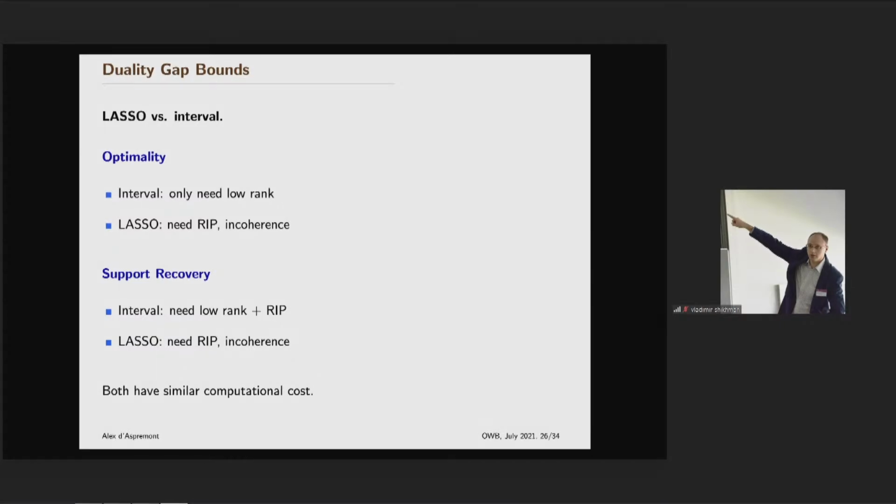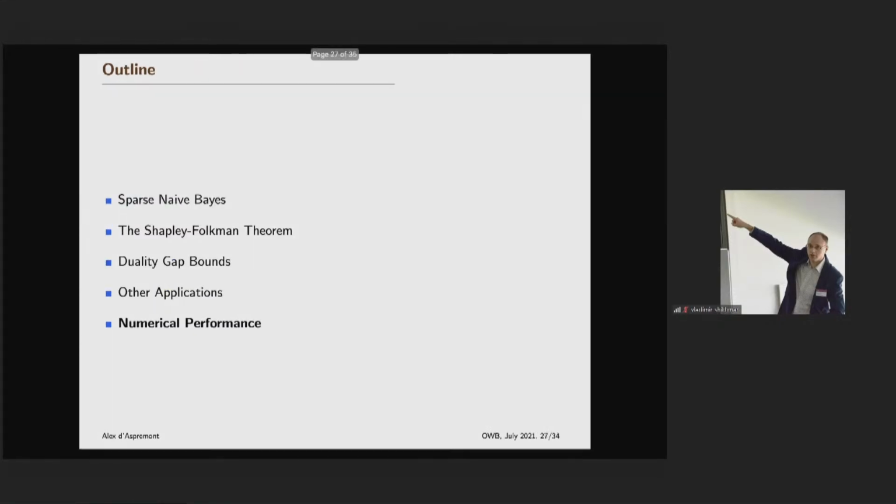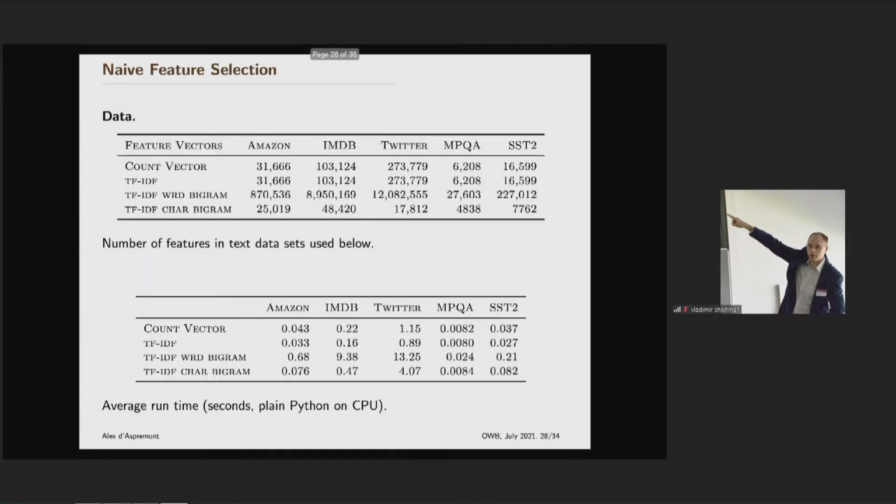In this case, you don't. However, of course, if you want support recovery now, you do need RIP even for the interval relaxation. So the Shapley-Folkman result will take care of optimality, but it won't take care of support recovery. And that's where the difference is. On the other hand, both have similar computational complexity. And so there's no real difference there.